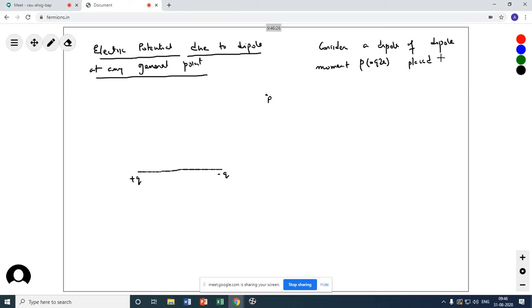Placed in free space, and free from, free space in an isolated environment, means it is free from all other forces.